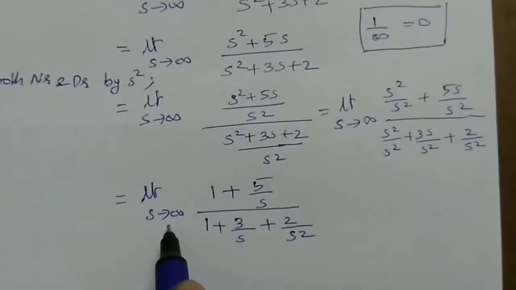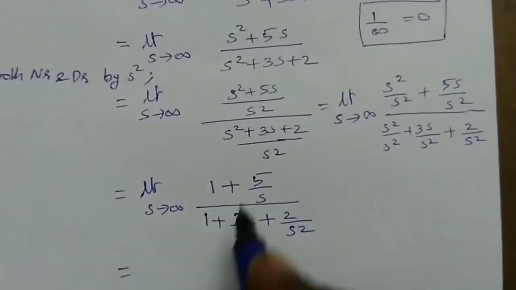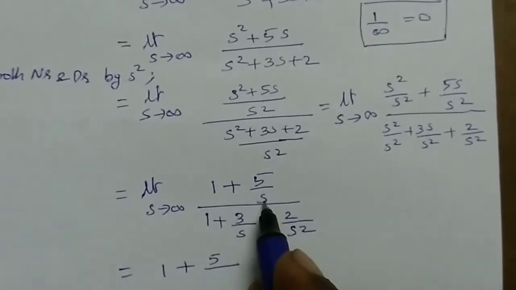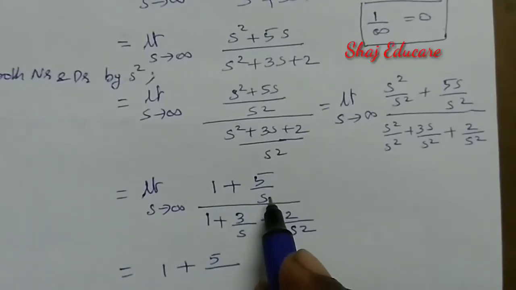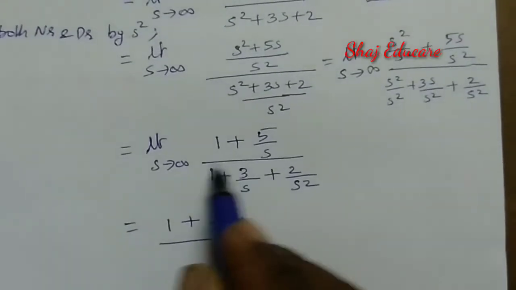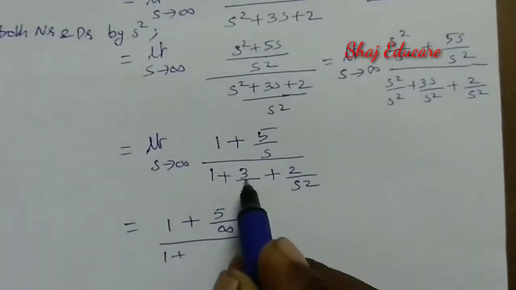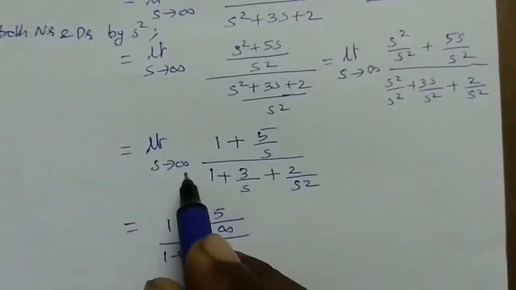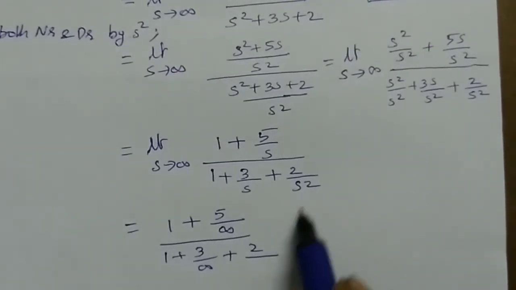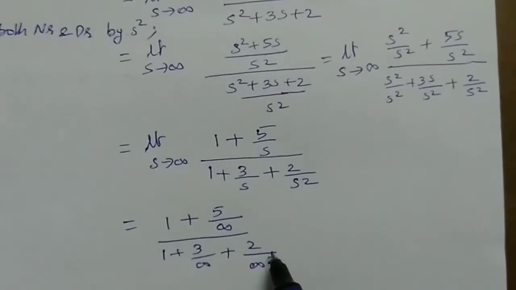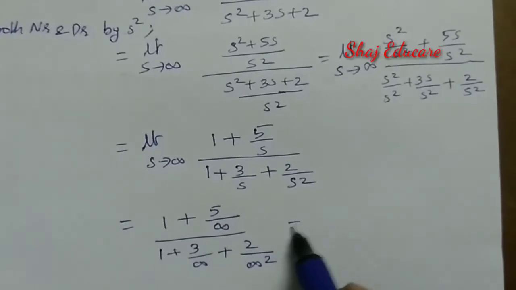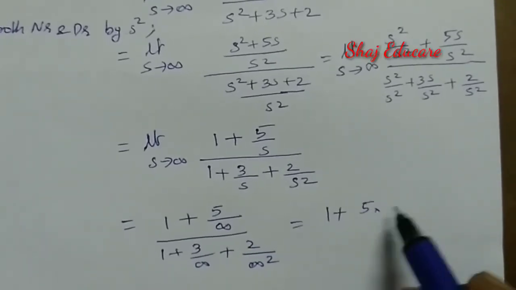Now let us substitute s equal to infinity here. 1 plus 5 divided by s, where s is equal to infinity. Now let us replace s with infinity: 5 divided by infinity, all divided by 1 plus 3 by infinity, plus 2 by infinity squared. What is 1 by infinity here? 5 by infinity is equal to 5 into 1 by infinity.